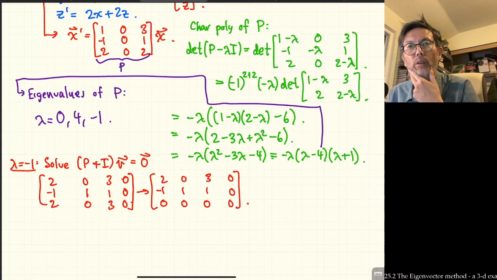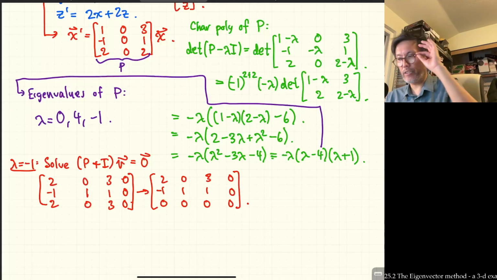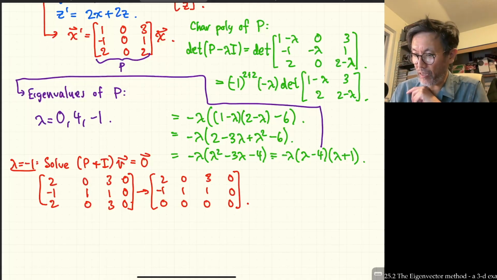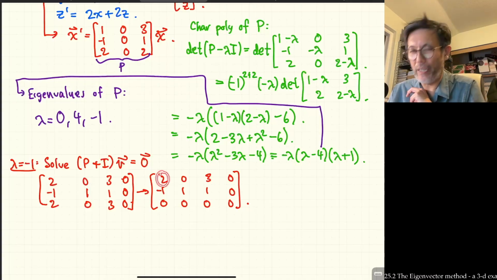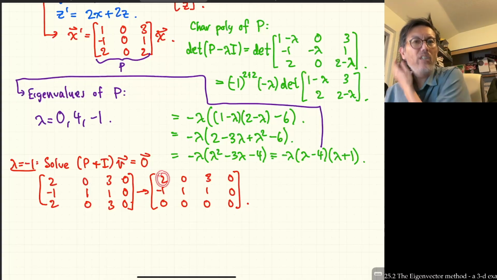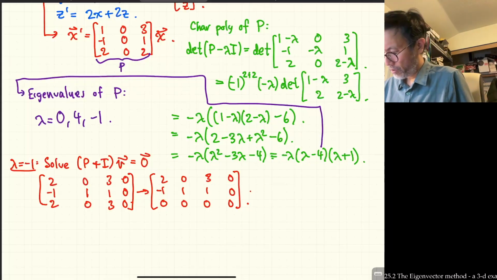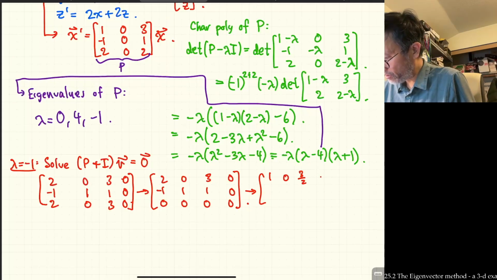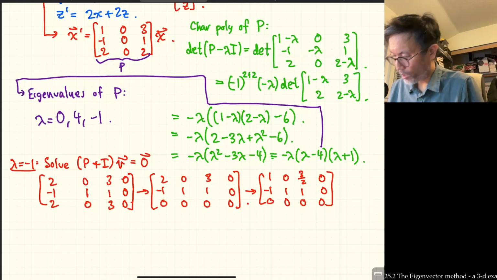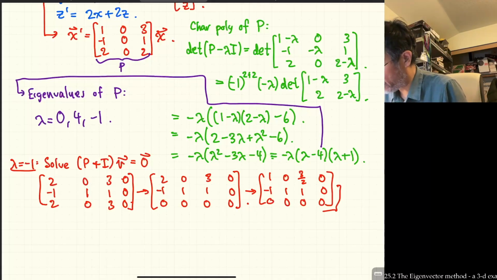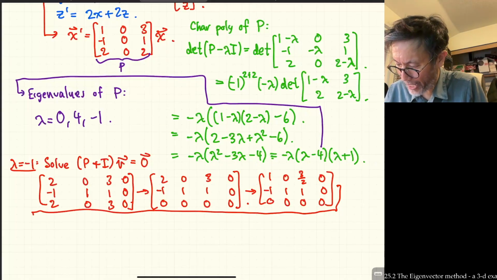Maybe one thing I could do is make this entry equal to 1. Sometimes this is recommended by linear algebra textbooks. So I'll multiply row 1 by 1/2. So I get 1, 0, 3 halves, 0, -1, 1, 1, 0, and then 0, 0, 0, 0.